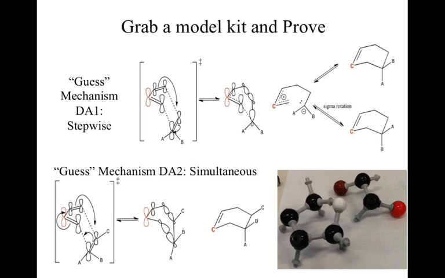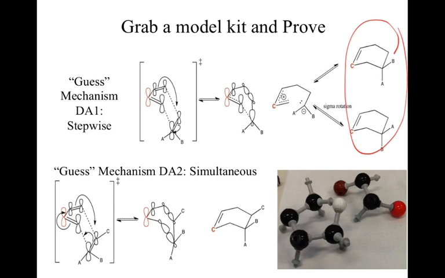So in that previous lecture, what we went through and did is looked at the guess mechanisms. So we came up with two possible mechanisms that we labeled DA1 and DA2 for Diels-Alder 1 and Diels-Alder 2. DA1, just like our SN1 reaction, is defined as being stepwise, and the primary result of that is that we end up with two different products.